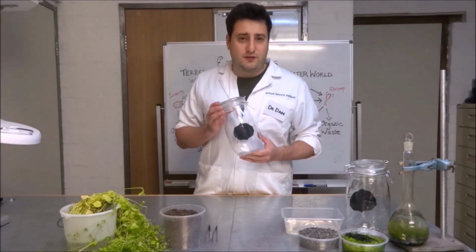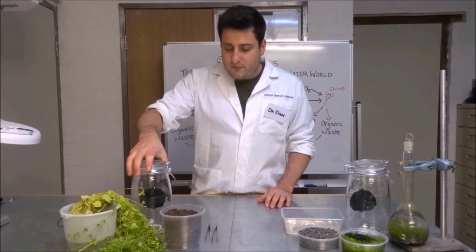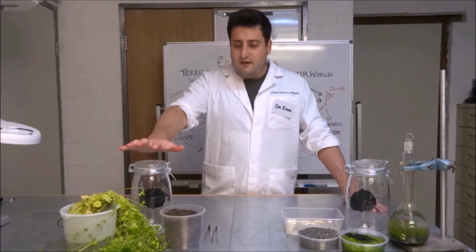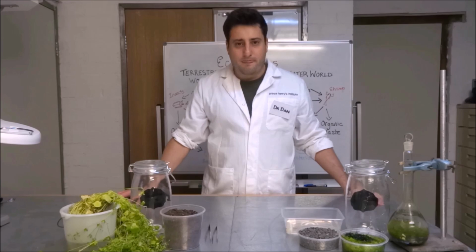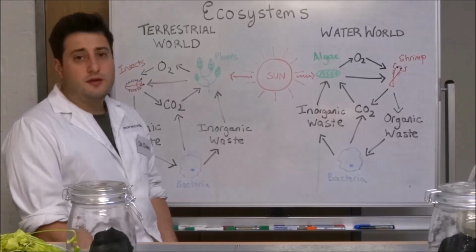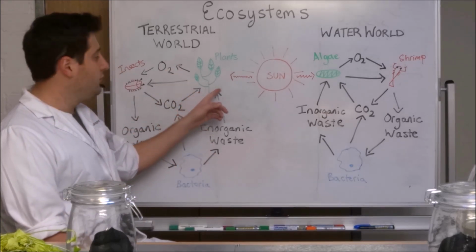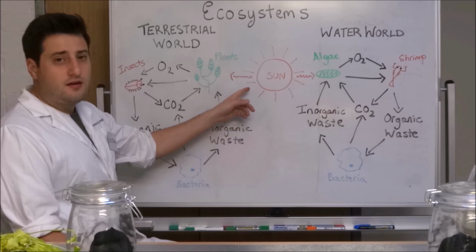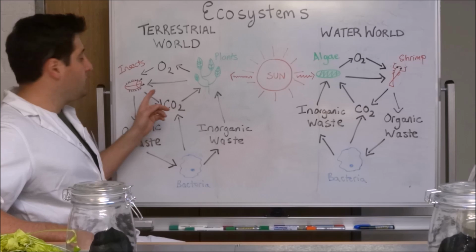Using a sealed jar with an airtight seal, we can create a terrestrial world and an underwater world. So let's have a look at the three different players in those two worlds. In the terrestrial world, plants grow using sunlight and convert carbon dioxide into oxygen.